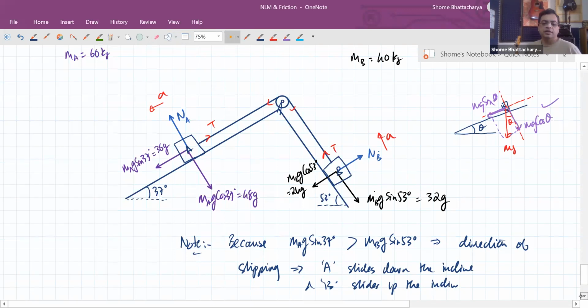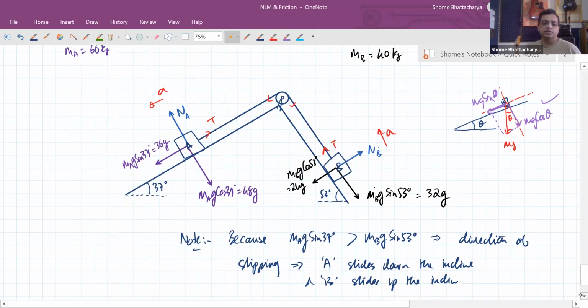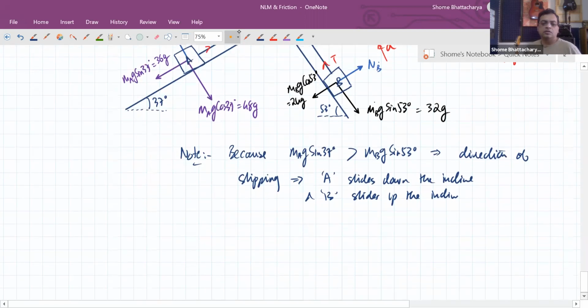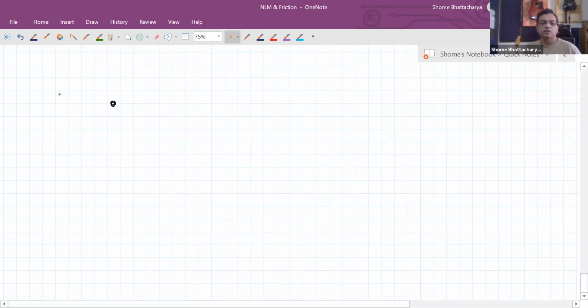Okay. And once I know that, next I can just write the free body diagram equations. So for A's free body diagram, we just saw that for the block A, we had this component of weight (36g), this component of weight (48g).